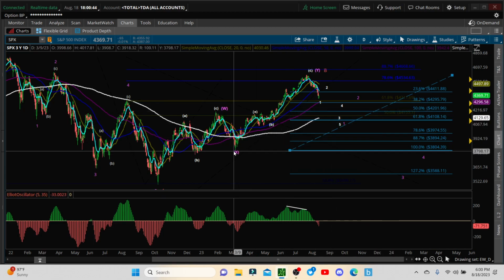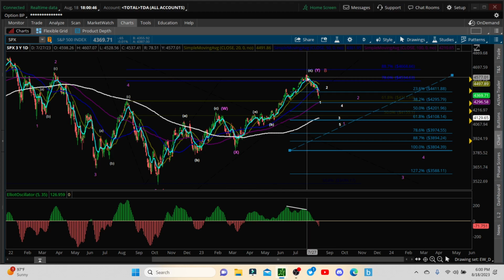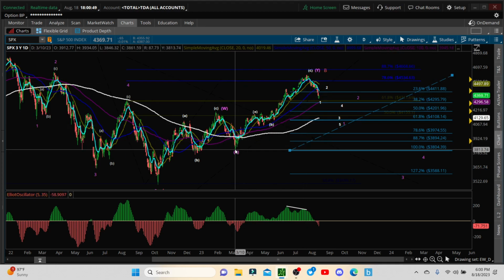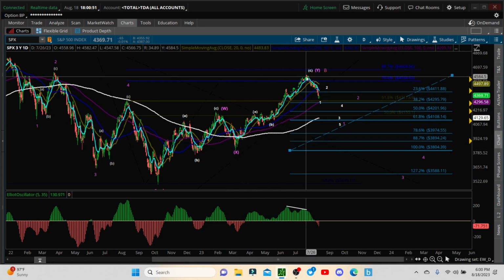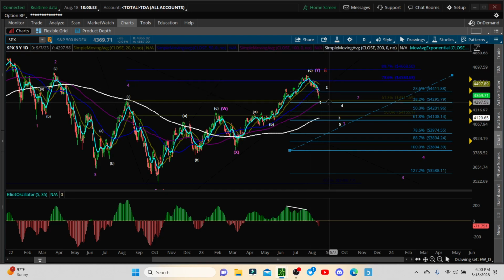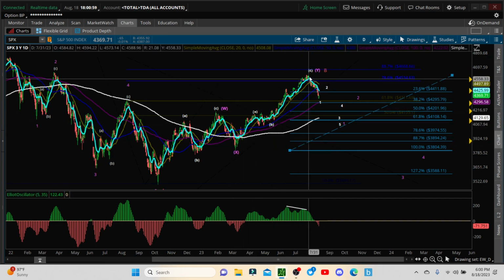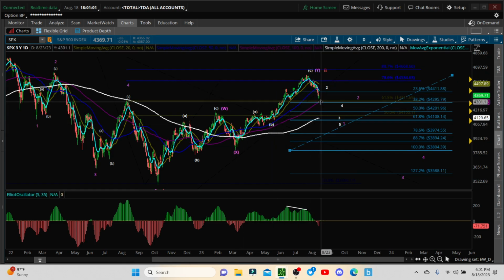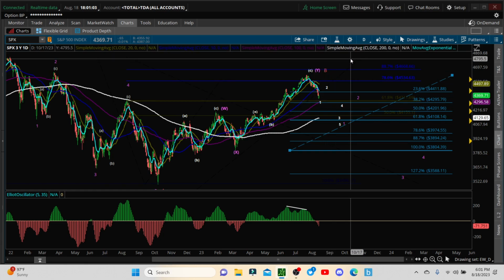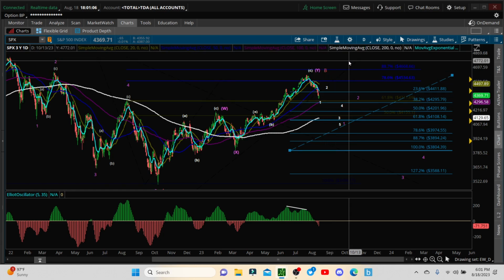What am I saying? At the bottom, this whole move here, if you count that as wave 3, so from the bottom of this wave 3 to the top of the wave 3, we have a 40% retracement. That 382, that's a typical pullback for wave 4. So if this is wave 3 and you're pulling back to wave 4, you should continue on to wave 5 to make higher highs at this point.